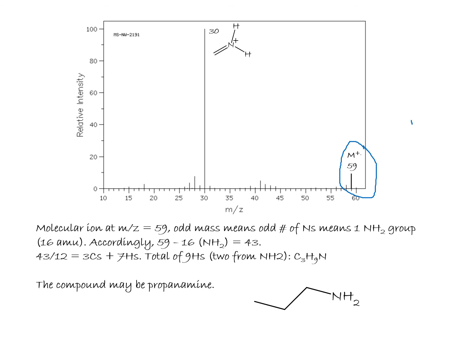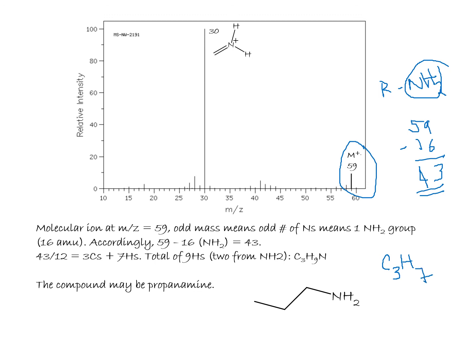If you have 59 here, and you have R-NH2, it means that you subtract 16 units, 59 minus 16, that's 43. 43 mass units is C3H7. So you have a propylamine.